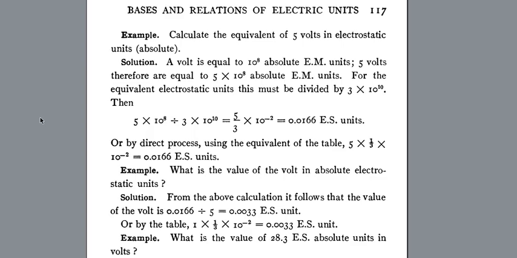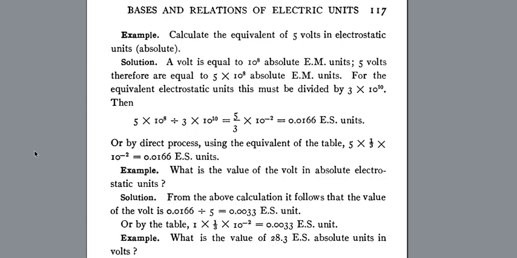For the equivalent electrostatic units, this must be divided by 3 multiplied by 10 raised to the power of 10. 5 multiplied by 10 raised to the power of 8 divided by 3 multiplied by 10 raised to the power of 10 equals 5 divided by 3 multiplied by 10 raised to the power of -2, which equals 0.0166 electrostatic units. Alternatively, using the table, 5 multiplied by 10 raised to the power of -2 equals 0.0166 electrostatic units.